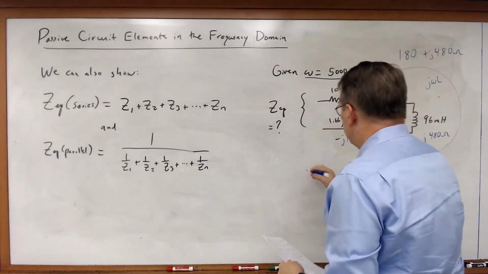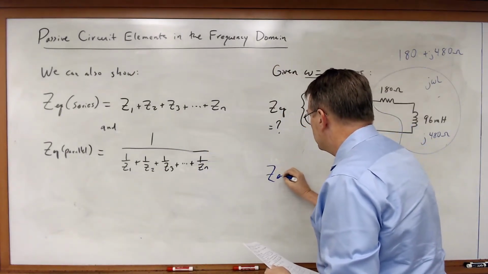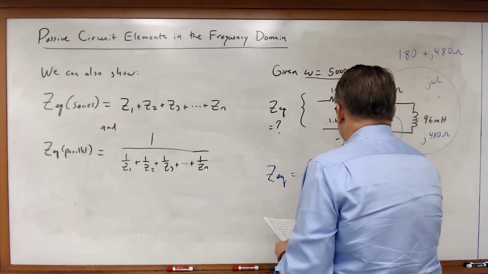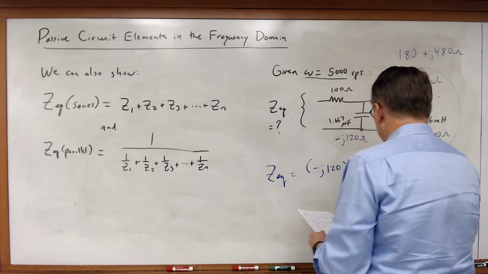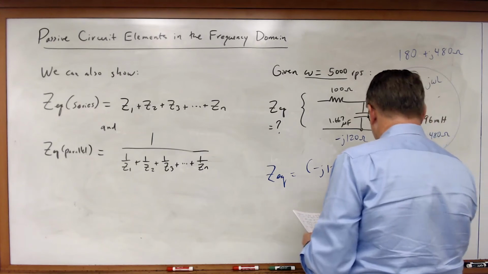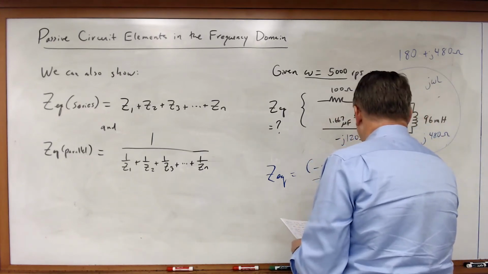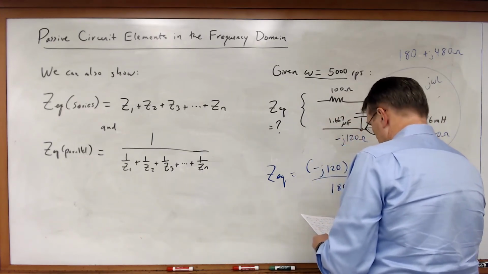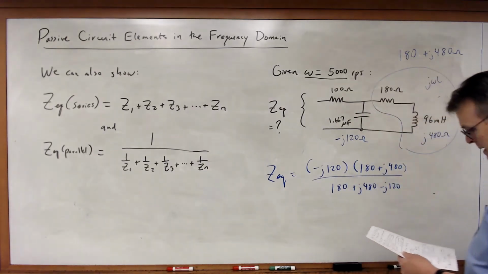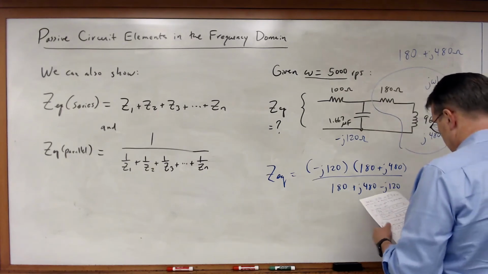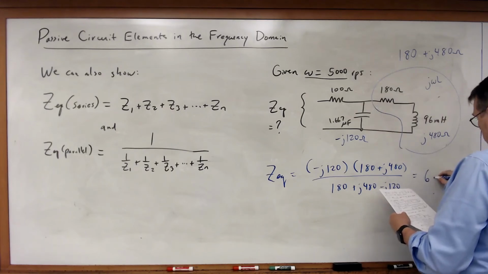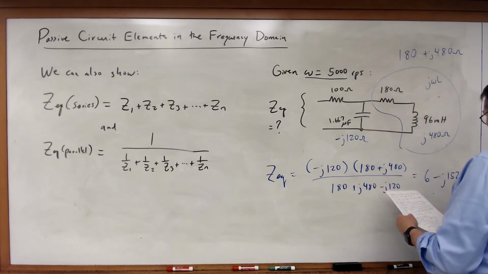And so what I've got is that my equivalent impedance is going to be equal to minus J 120 times 180 plus J 480, divided by 180 plus J 480 minus J 120. And that will be equal to 6 minus J 152 ohms.